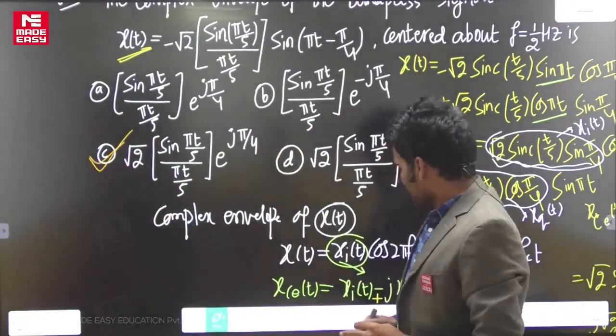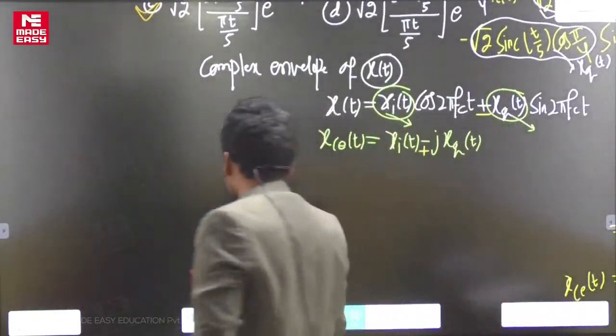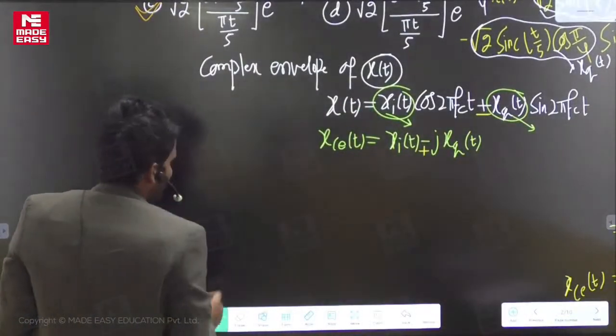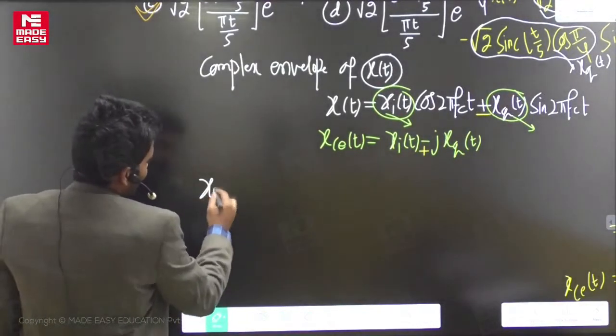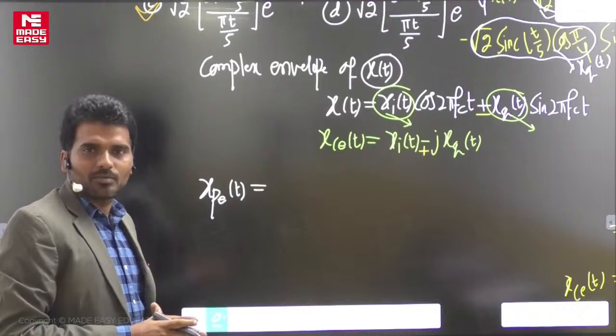Now let me give you some formulas. I want to give you the formula for the pre-envelope of a bandpass signal.